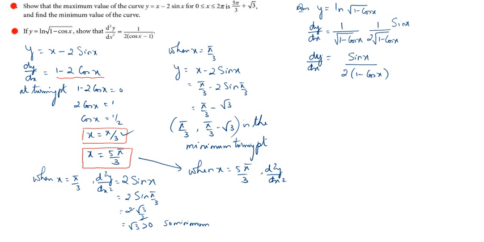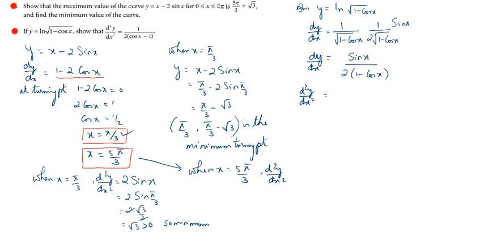Now d squared y by dx squared, again finding this second derivative, again deriving. You can see this is the quotient rule. We know the quotient rule, d by dx of u by v is v into du by dx minus u into dv by dx, by v squared.